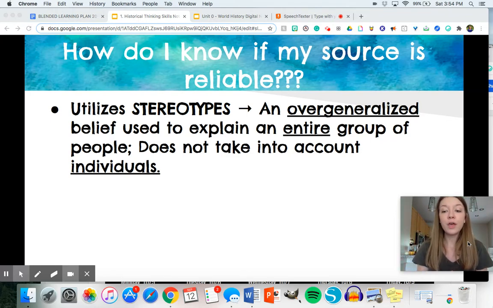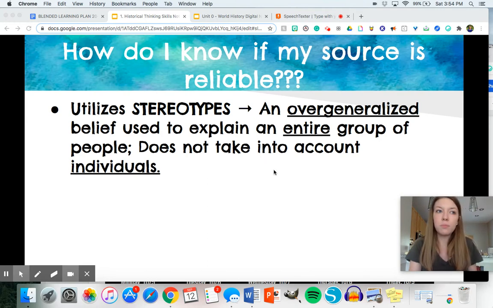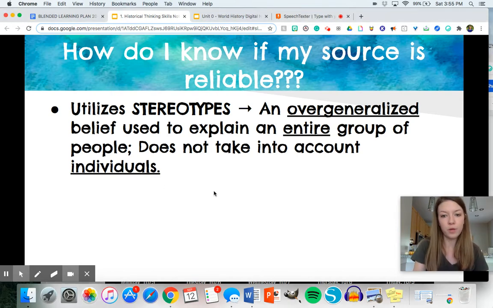If you think back to that TED Talk we watched on the danger of a single story, the speaker was talking about stereotypes, right? We want to avoid focusing on just stereotypes because they do not take into account individuals, right? Stereotypes maybe have some truth to them, but they also don't take into account differences among people.